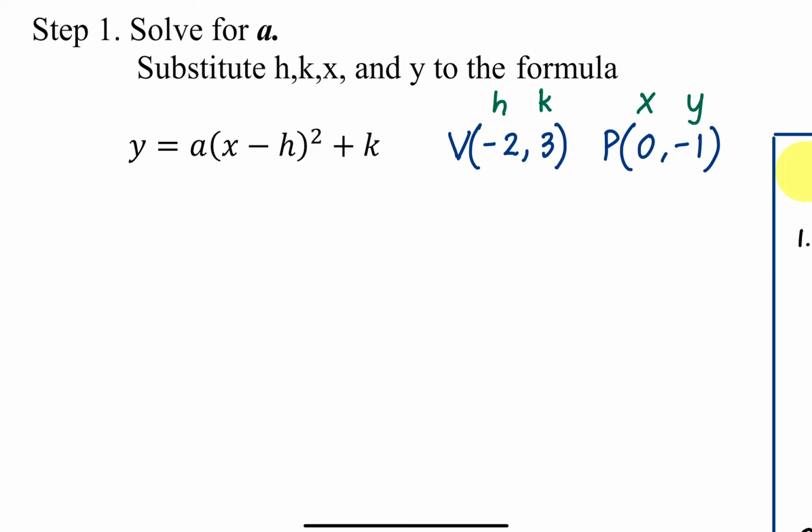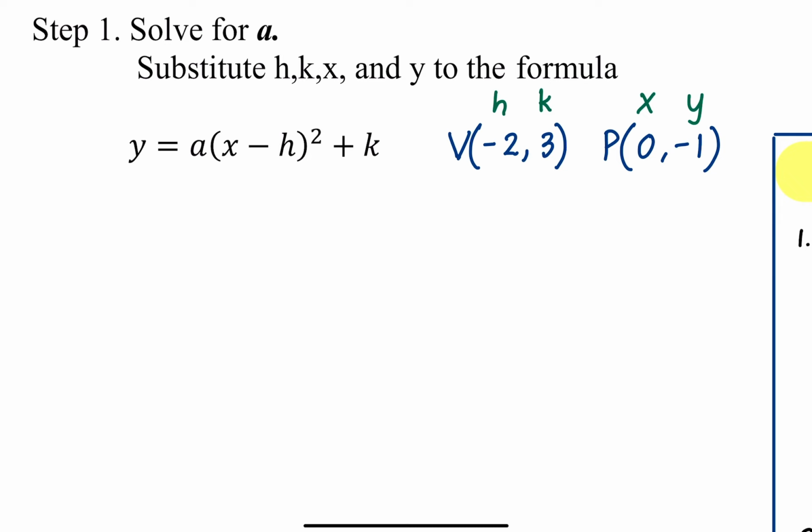Again, for the vertex, we have (h, k), and for the point where the graph passes through, we have x and y. So now, using the vertex form of the quadratic function, y = a(x - h)^2 + k, we're going to substitute the values of h, k, x, and y into the formula.